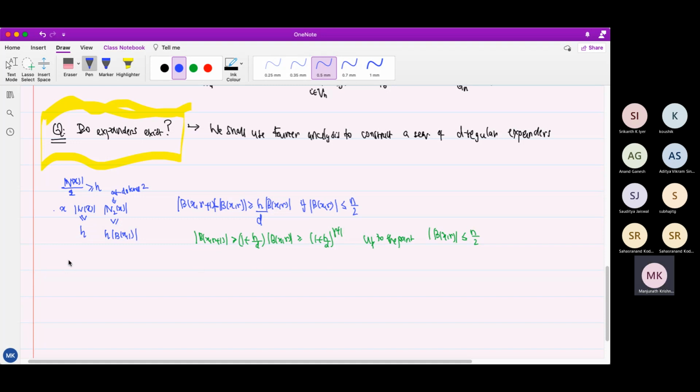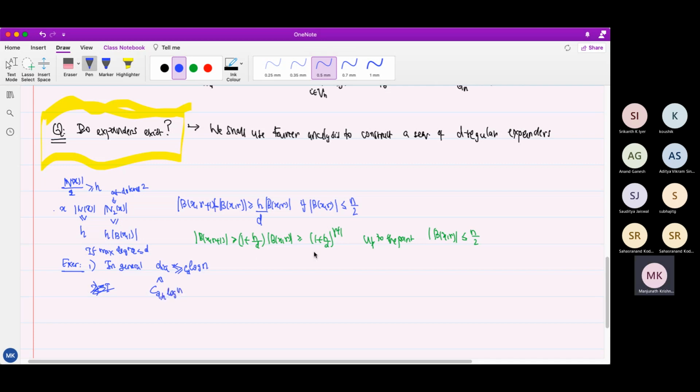Okay. So as a corollary of this, let me leave it as an exercise. One, in general, if the max degree is less than or equal to D, then the diameter is at least log n over a constant which depends on D. And two, the diameter is at most another constant C(D, h) times log n.